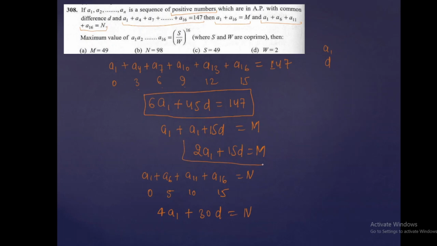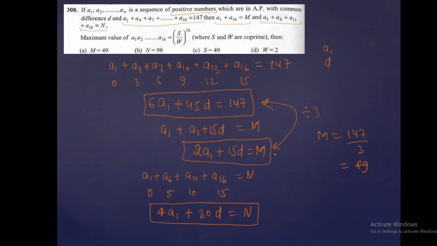We have this and we have this. If you look closely, you will observe that on dividing the very first equation by 3, we will get this. So the M value will be how much? 147 by 3, so it is 49.